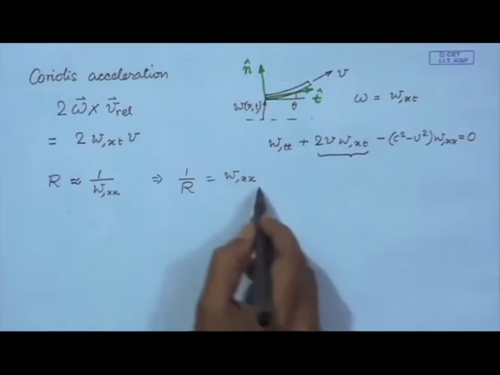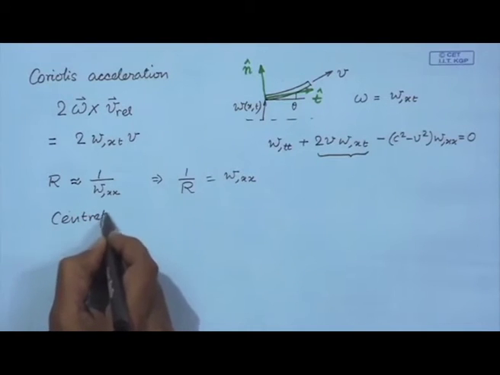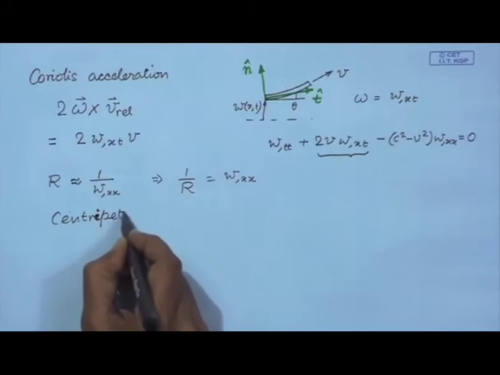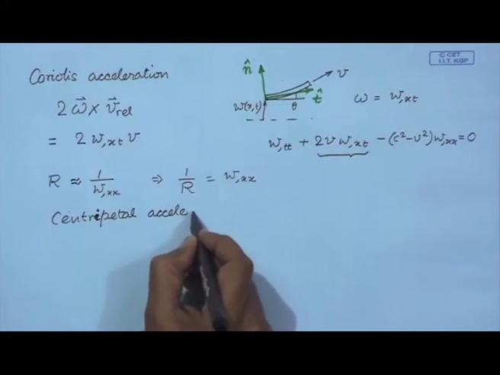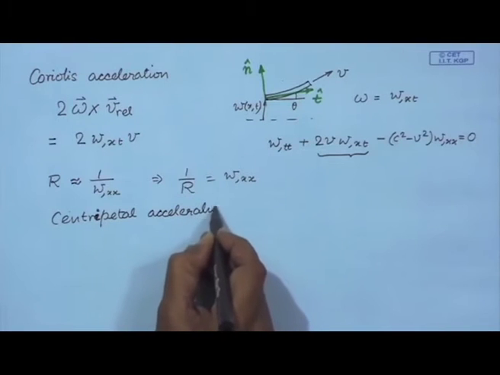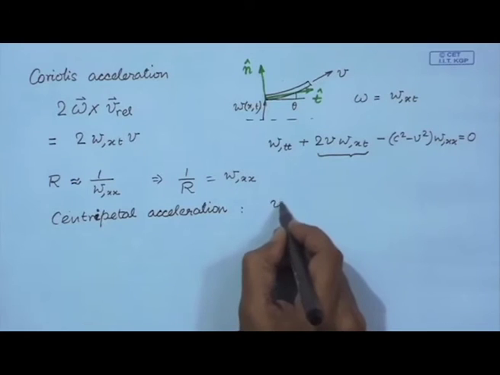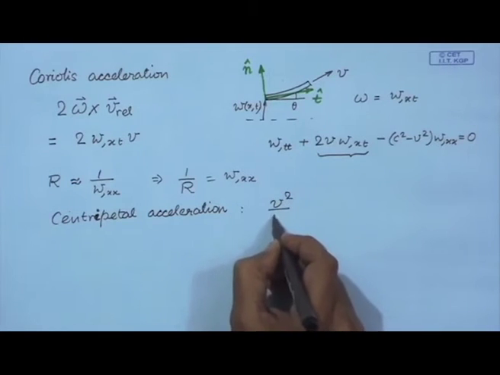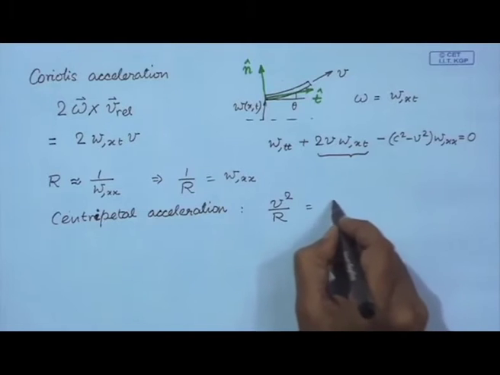This is well known, and the centripetal acceleration is given by v square over r, and that turns out to be this.